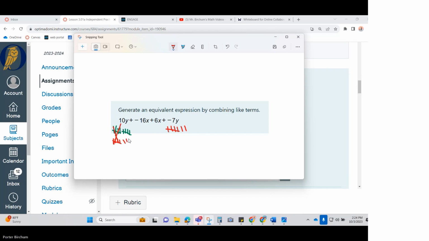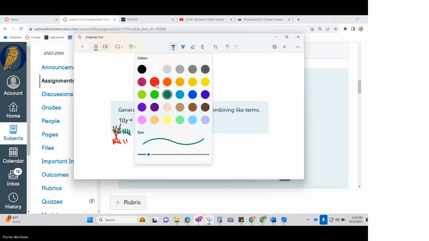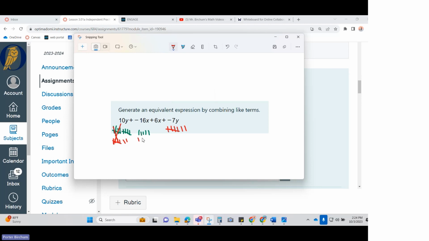And then here I would have, let me write it out a little better. 1, 2, 3, 4, 5. 1, 2. These make what is called a zero pair. A positive and a negative make a zero pair, and they cancel out. Kind of like what we did with this.